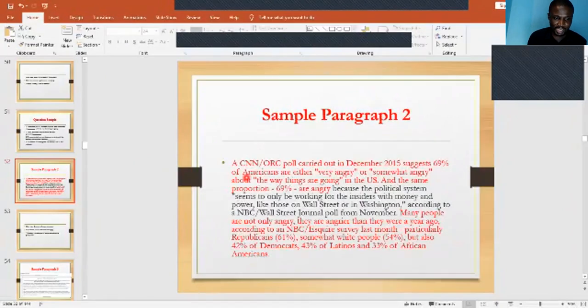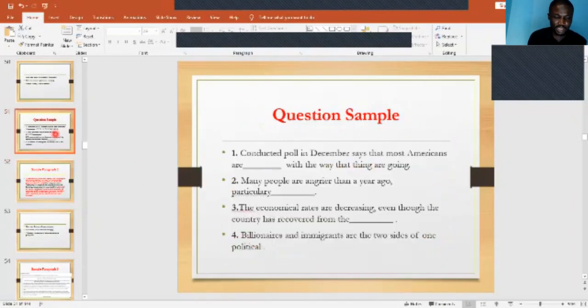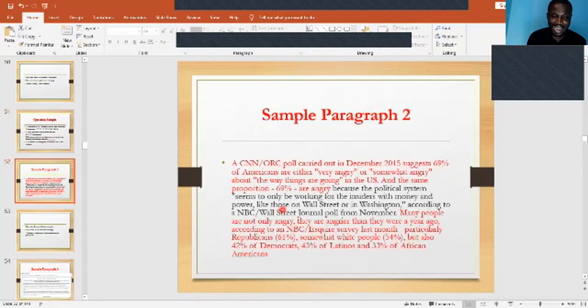You can pick somewhat angry. You can pick angry. If the question instructions say pick one word, you have to pick angry. If it allows you to pick more than one word, then you have to pick somewhat angry. But it's talking about very angry and somewhat angry, so it's better to pick the central word, which is angry.